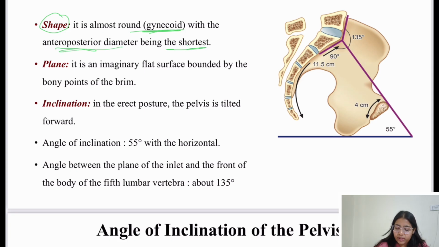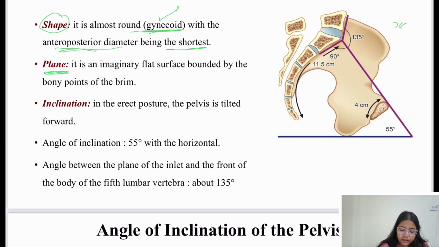In some other kinds of pelvis the transverse diameter is shorter, or the oblique diameter, and so on. Just remember the most common is gynecoid, where the AP diameter is shortest.